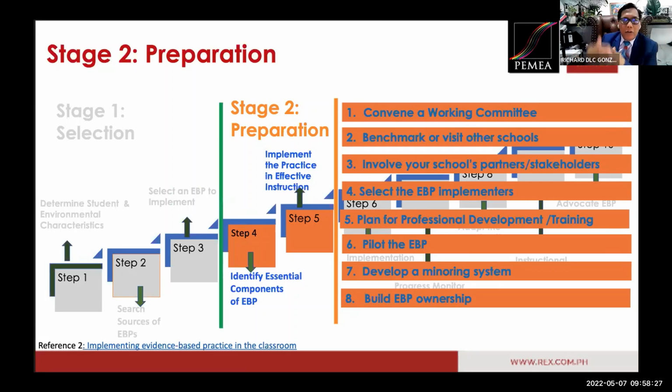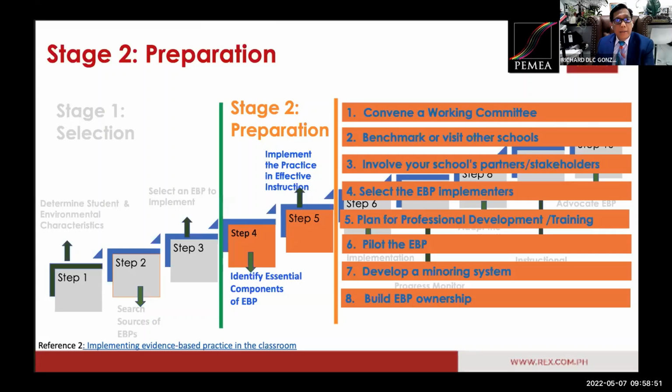And then later on, have it integrated into your existing curricula and relate it to other indicators like school standards, curriculum standards, or even DepEd standards.